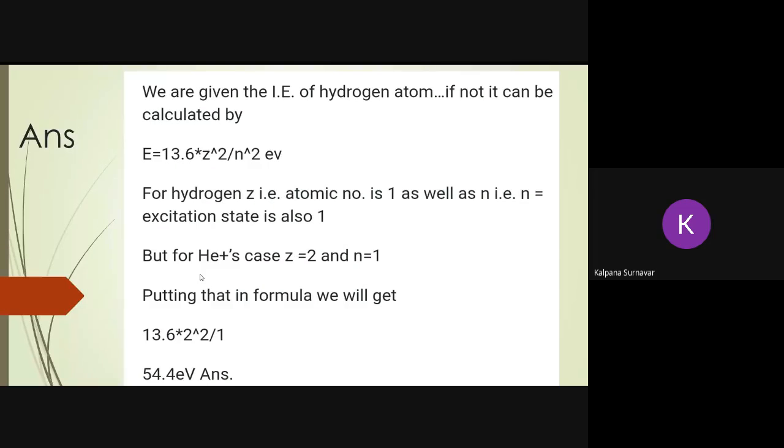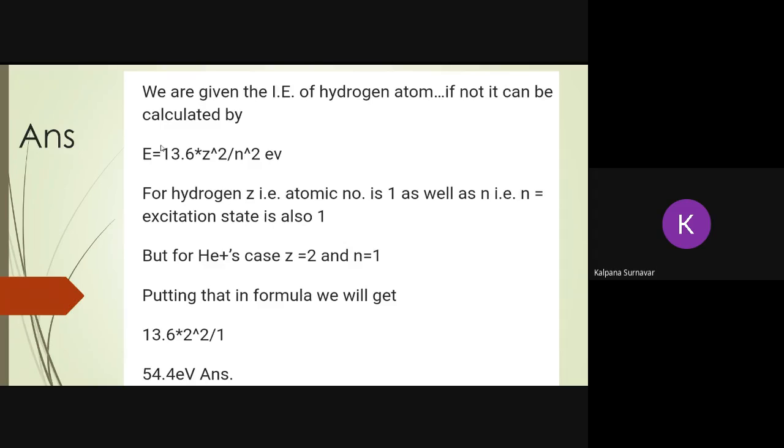But for helium plus nuclei, Z is equal to 2 and the number of electrons is equal to 1, because 1 electron is already lost. The species is He plus. Putting Z equal to 2 and N equal to 1 in the equation of E, E is equal to 13.6 into 2 square divided by 1 square. The answer comes to 54.4 electron volt.